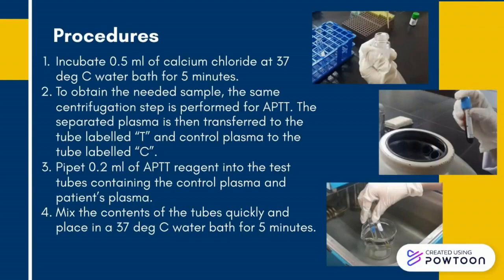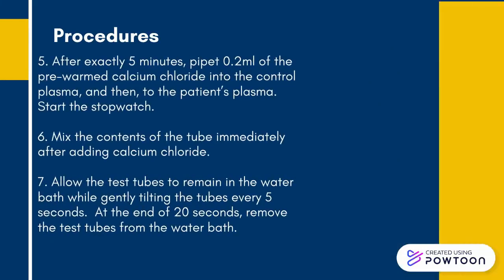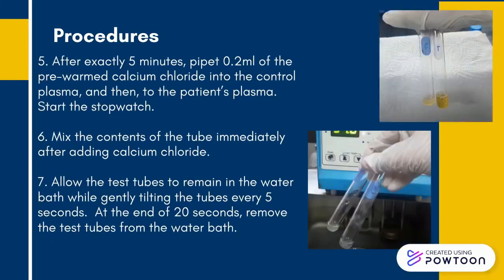0.2 milliliters of the APTT reagent will then be added to both of these tubes, which are to be mixed thoroughly. These will then be incubated in the water bath for 5 minutes at 37 degrees Celsius. After 5 minutes, 0.2 milliliters of the pre-warmed calcium chloride will then be added to both tubes.